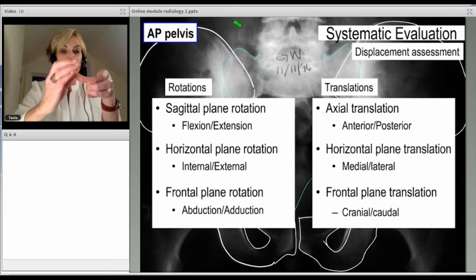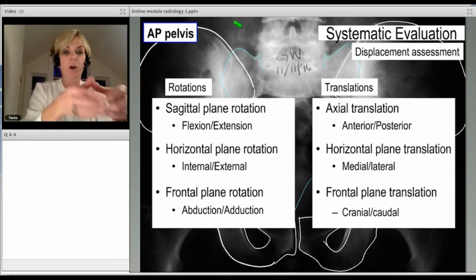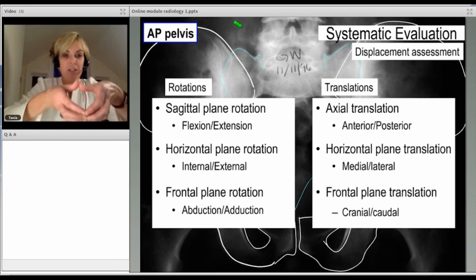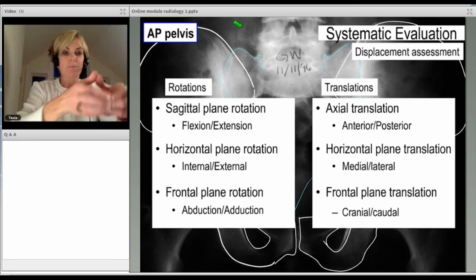So flexion with the anterior ring moving cranially while the posterior ring stays relatively intact, and extension to the contrary. Horizontal plane rotation would be internal rotation or external rotation. And frontal plane rotation would be abduction or adduction.